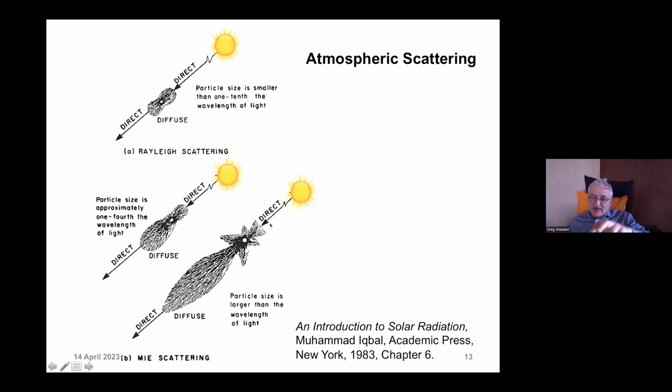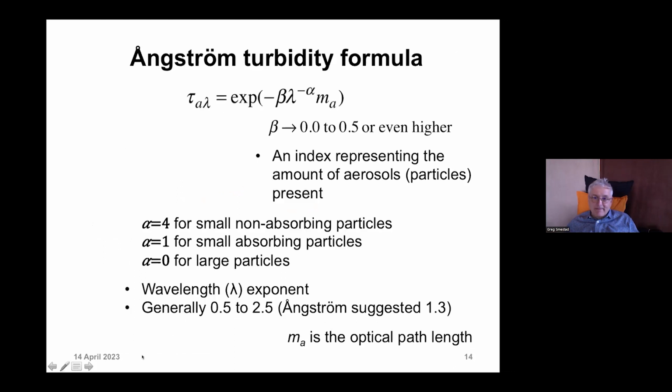I took inspiration from Dr. Iqbal's work, and I said, well, these same particles are the ones that are being deposited. So we can think about this in terms of the same kind of mathematics that he shows in this book. And the type of scattering is called Mie scattering, M-I-E.